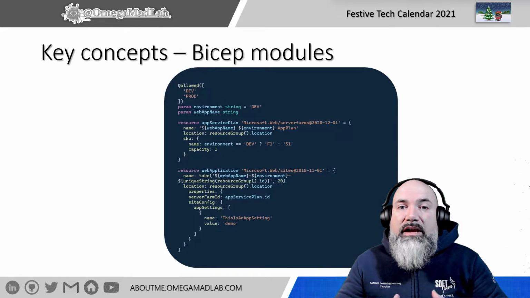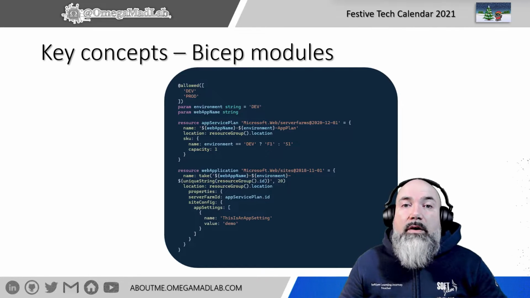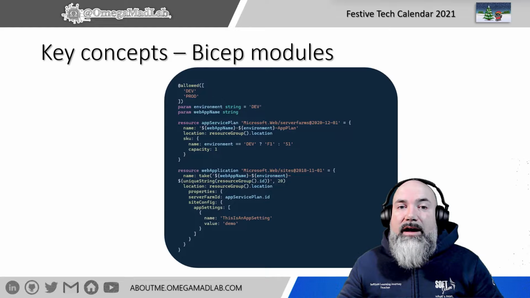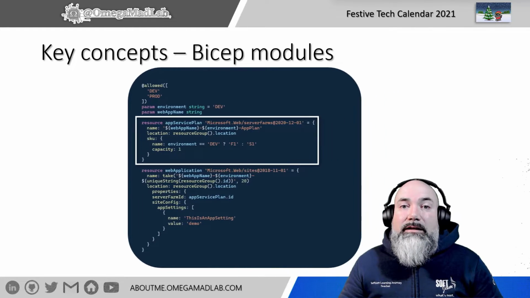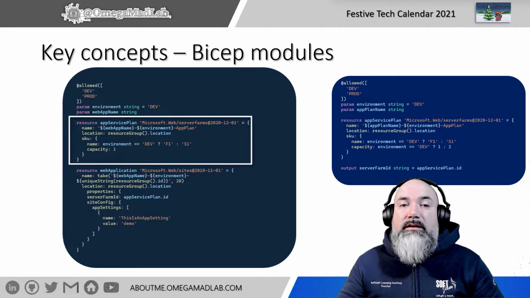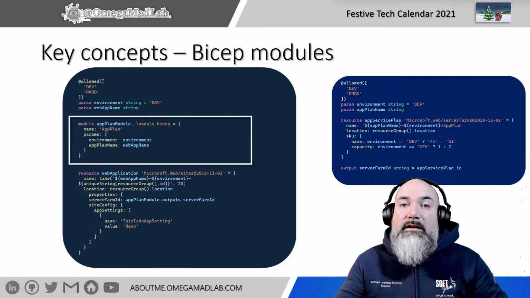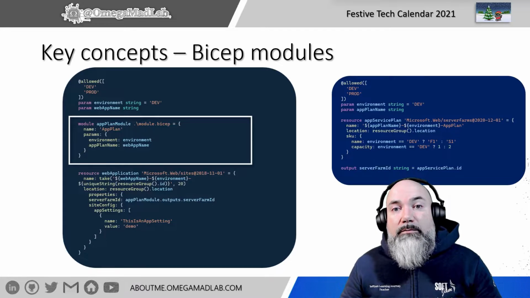Instead of declaring all of your resources in a single monolithic Bicep file, you can move part of them into another Bicep file that will act as a module. Then, in the body of the main Bicep file, you can reference the external module, specifying its path and all its required parameters.